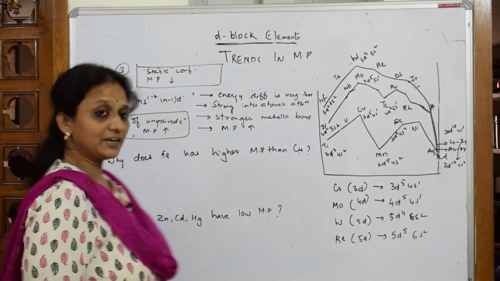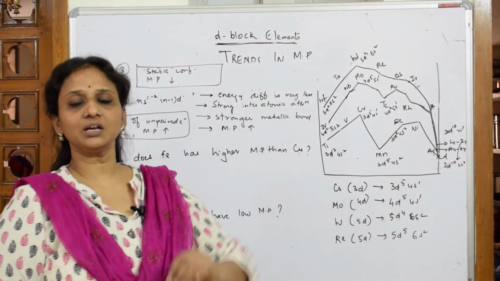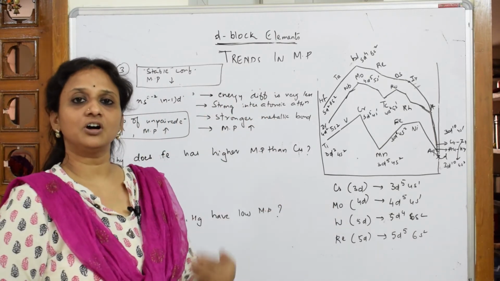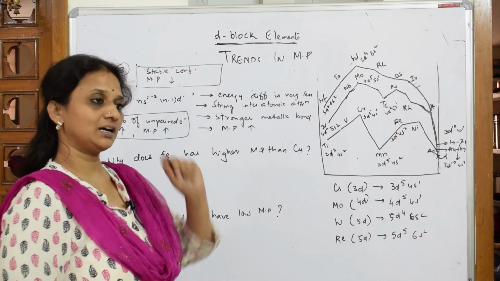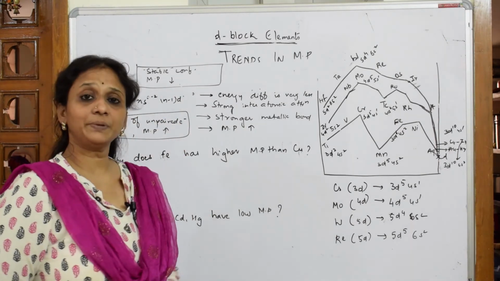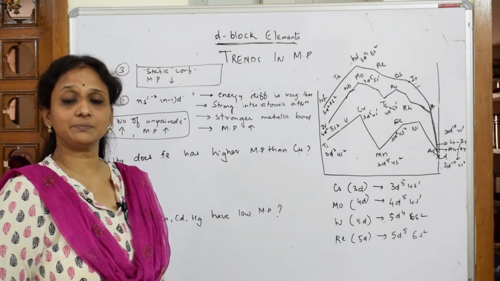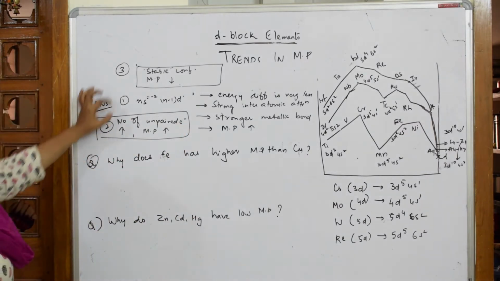Why? You don't find the d electrons participating in the bonding, isn't it? So with a completely filled 3d10 configuration or a d5 configuration, you'll have a low melting point. Remember that. More unpaired electrons, high melting point. No unpaired electrons, that is, completely stable, low melting point. So remember this concept and this concept.